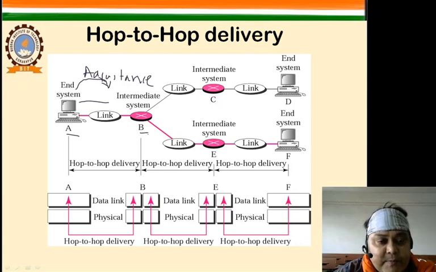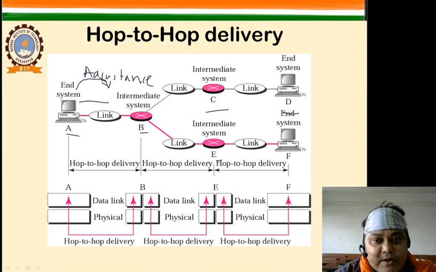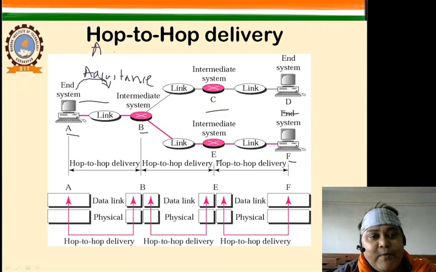intermediate system B. This node is C. This intermediate node is E. This is intermediate node D. This is intermediate node F. So in this figure, A wants to send a frame to F among this existing network.